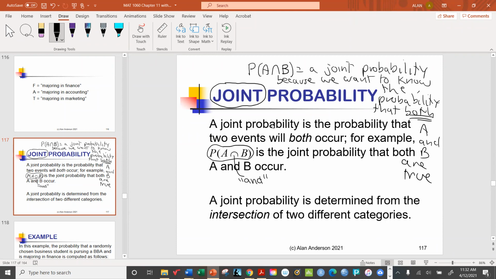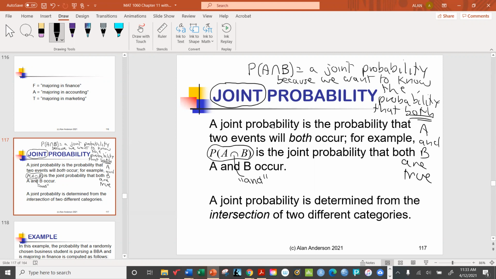So in other words, if I'm asking for the probability of A and B, what I'm actually saying is that I need to know the probability that both of them are true, not just one, but both. Like, for example, the probability that tomorrow it will be rainy and the temperature will be above 70. That's a joint probability because two different things must be true. One of them is not good enough.